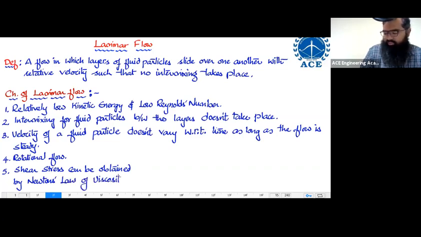That means whenever you want to calculate shear stress, you can look for Newton's law of viscosity in order to get the value of shear stress. So these are some primary characteristics of laminar flow. Apart from this, you'll have some more characteristics which you'll understand once we enter into turbulent flow. Once we see turbulent flow, you can differentiate better between laminar flow and turbulent flow.